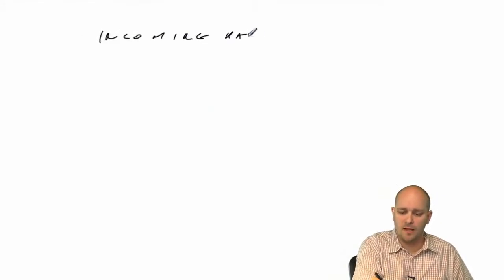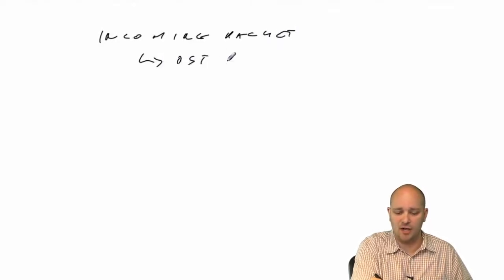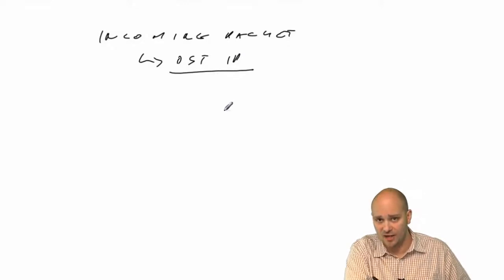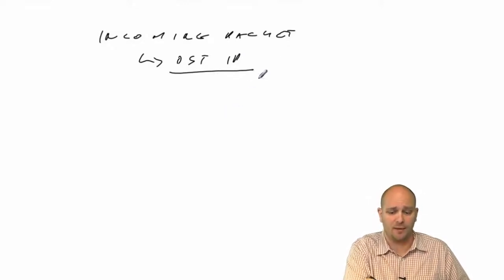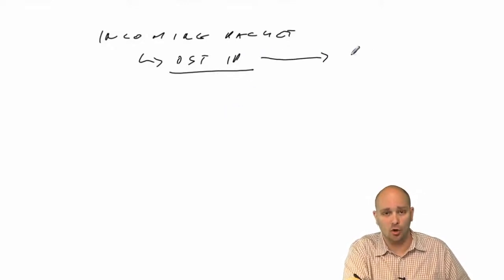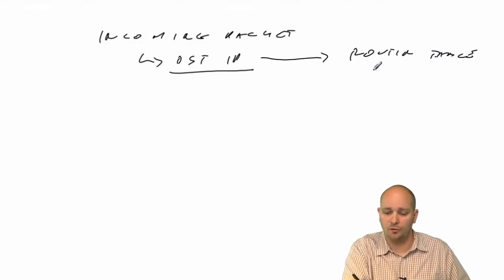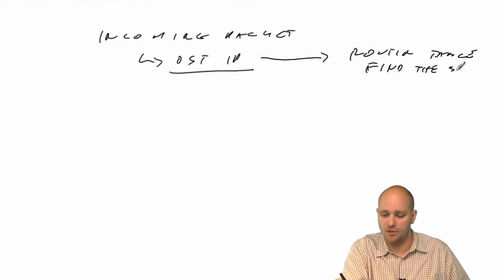So we have an incoming packet. This incoming packet, we needed to take a look at the destination IP address, so we needed to extract that information from that packet. We needed to perform the lookup in the routing table to find the best match.